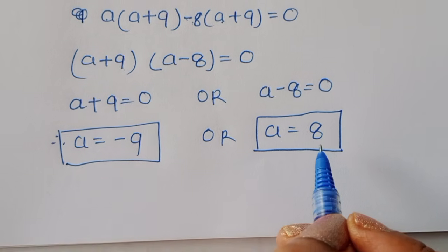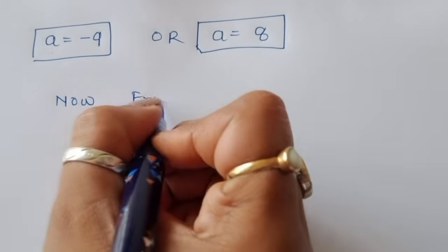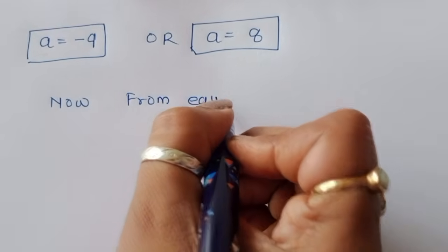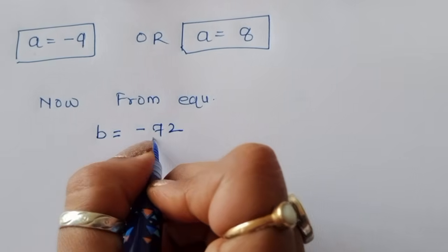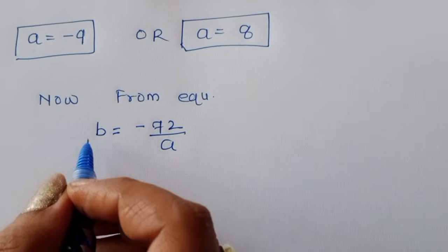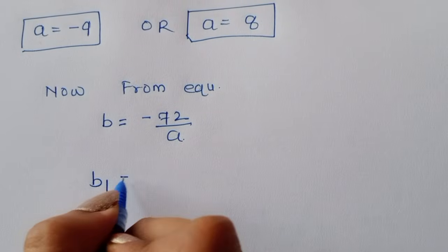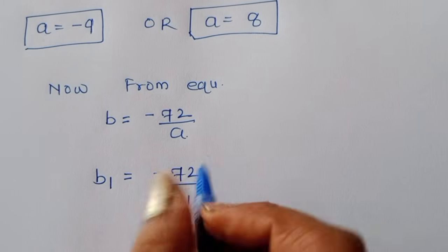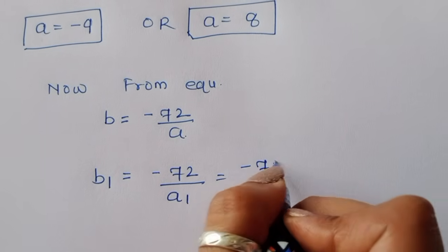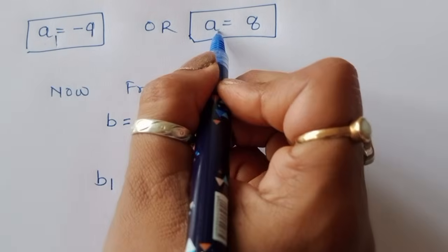Now we have to find the value of b here. From the equation, b equal to minus 72 by a, right? If we take a1 equal to minus 9, so the value of b1 is equal to minus 72 by a1, which is minus 72 by minus 9. This is a1 and this is a2.